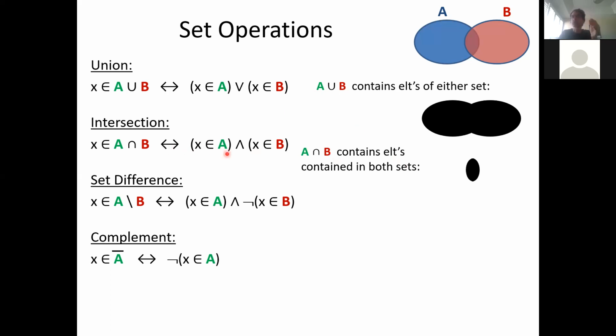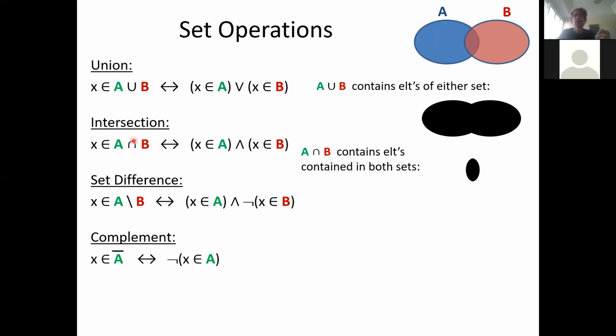What about conjunction? What set is defined by a conjunction of a predicate PA and a predicate PB? In other words, it's a set of all elements which satisfy both the predicate PA and the predicate PB. Well, it's this area. It's the elements that belong to both A and to B. That's called set intersection, and it's denoted with the inverse sign of union, okay?